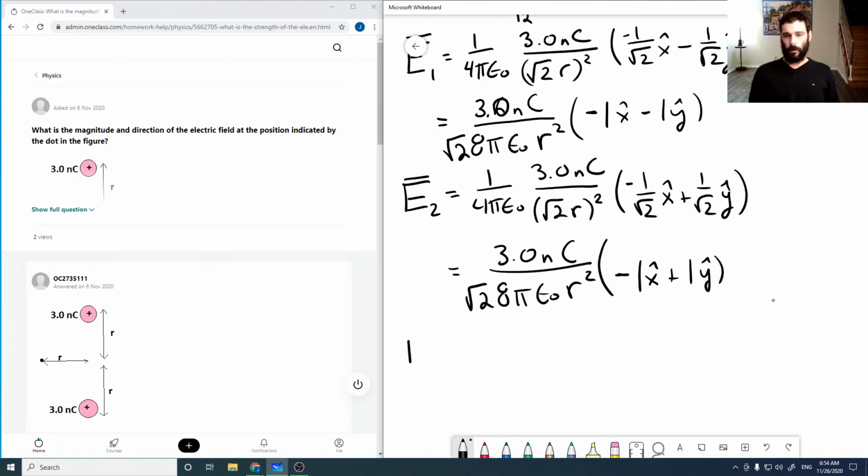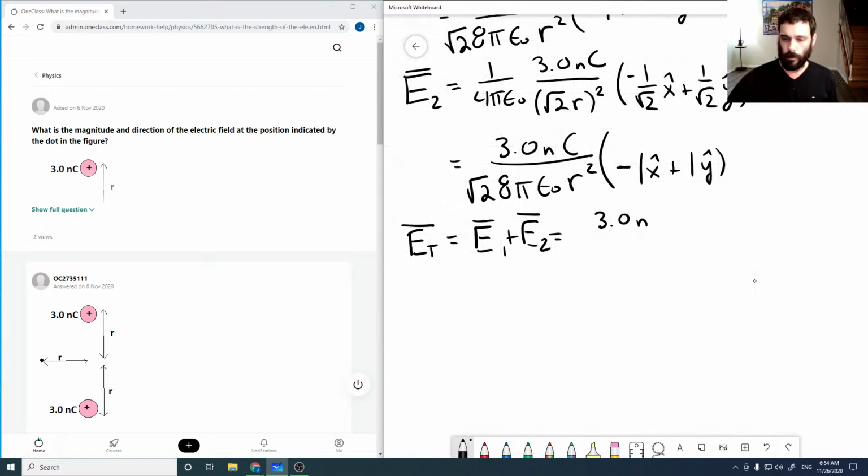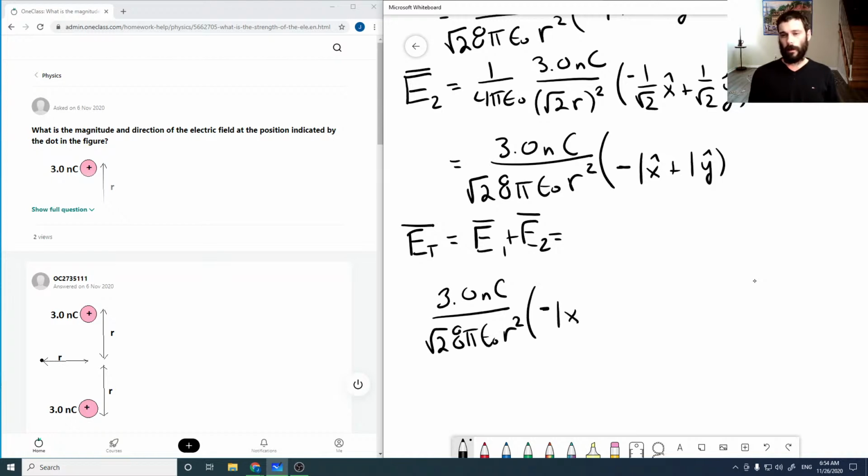All right, so now our E total is just the sum of these two. Which is 3.0. I'll make a new line so I don't run out of space and don't have to squish too much. So it's going to be 3.0 nanocoulombs over root 2, 8 pi epsilon naught R squared, minus 1 x hat, minus 1 y hat, so that was 1.